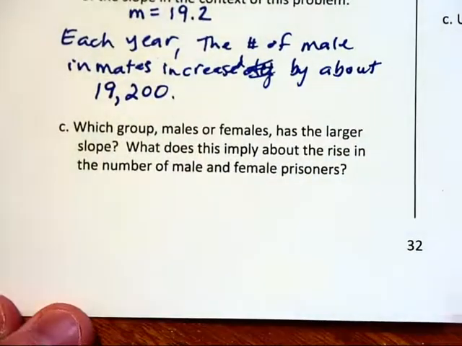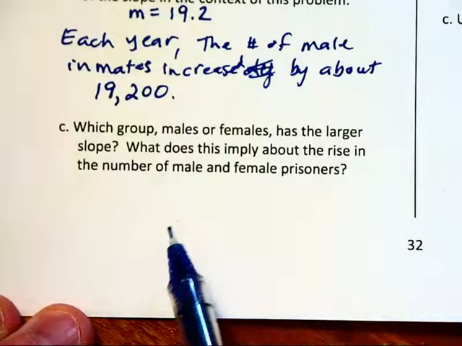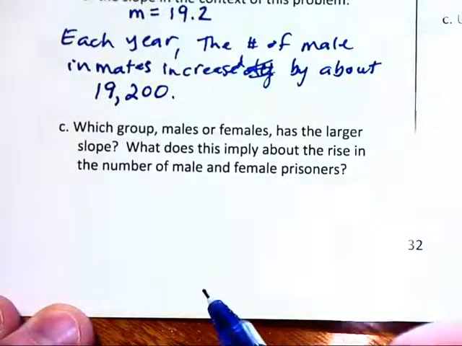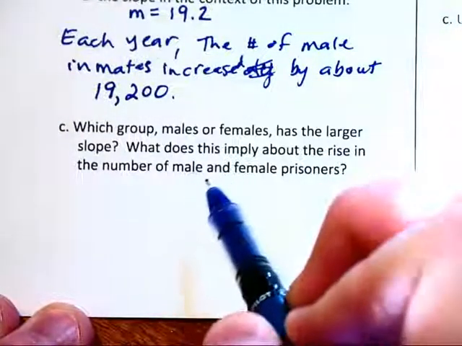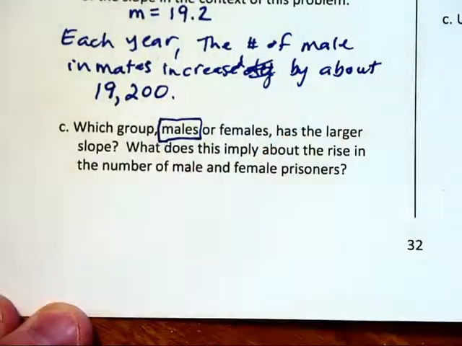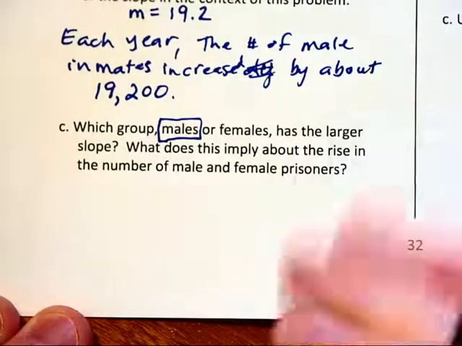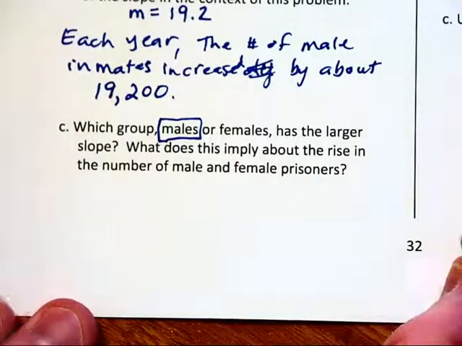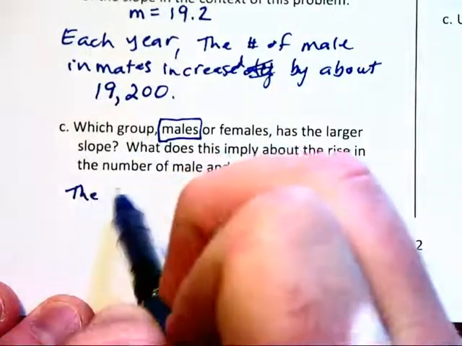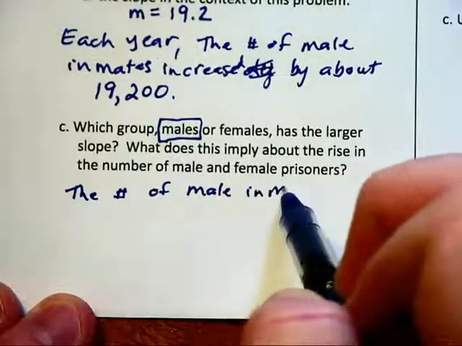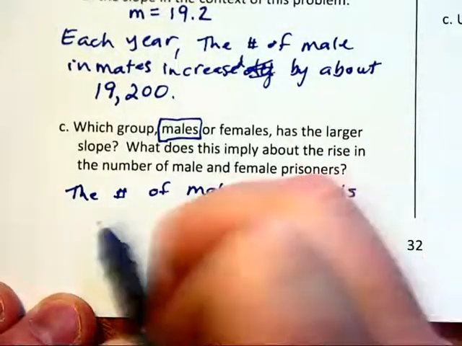Okay, next part. Which group, males or females, has the larger slope? Well, we're comparing 4.0 for a slope and 19.2, and obviously the 19.2 is larger, and that goes with the men. So I'm just going to put that right there, put a little box around it. What does this imply? Okay, the slope refers to the increase in the number of inmates. So I'm going to say the number of male inmates is increasing.